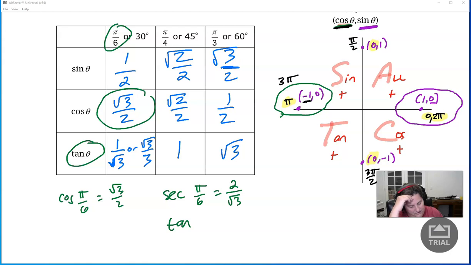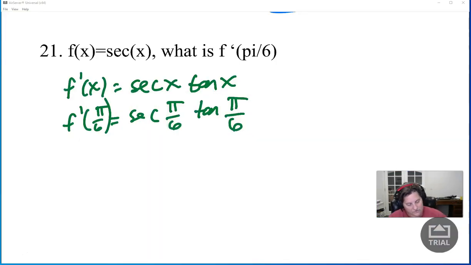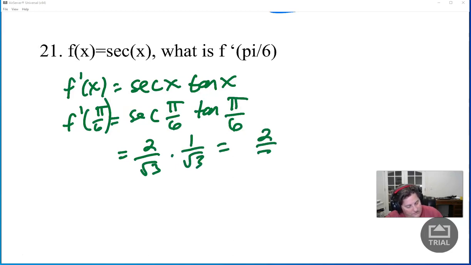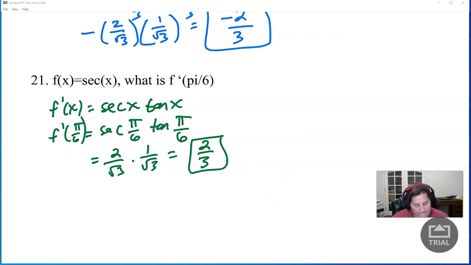Now I can use either one of those; I'll go ahead and use 1 over root 3. So it's 2 over root 3 and 1 over root 3. We just did this, okay? So 2 over root 3 times 1 over root 3 gives me 2 over 3.